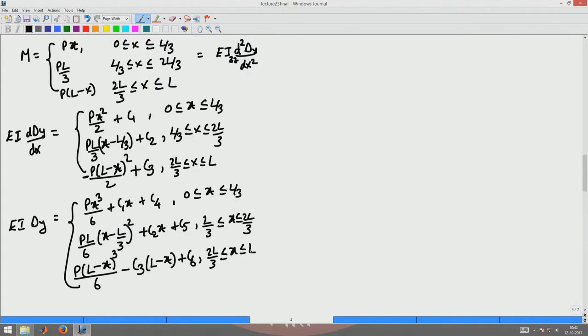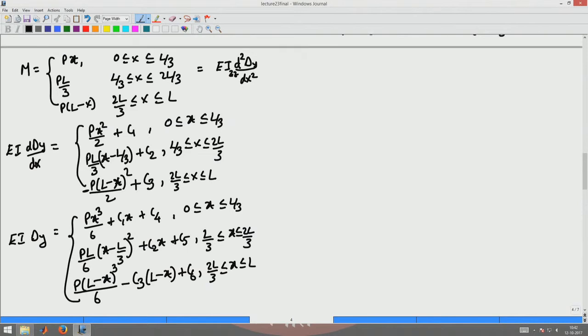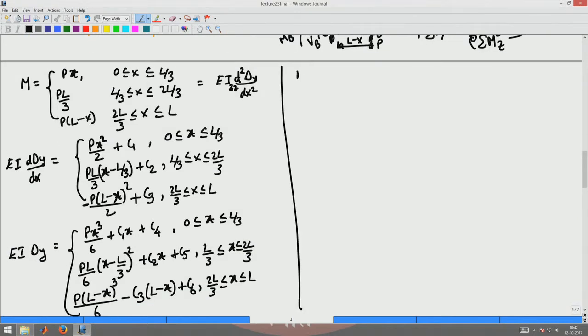Now, what are the boundary conditions for this problem? The boundary conditions for this problem are the boundary and continuity conditions.